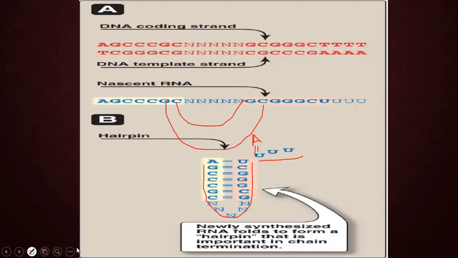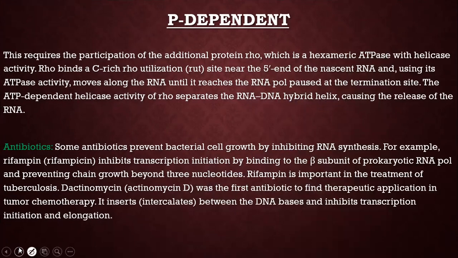Now let's look at the other one. How does the rho dependent termination occur? It will require the participation of an additional protein known as the rho factor, which is a hexameric ATPase with helicase activity. The rho factor usually binds to a C-rich rho utilization site near the 5' end of the nascent RNA, and then using its ATPase activity, will move along the RNA until it reaches the RNA polymerase, which is paused at the termination site.